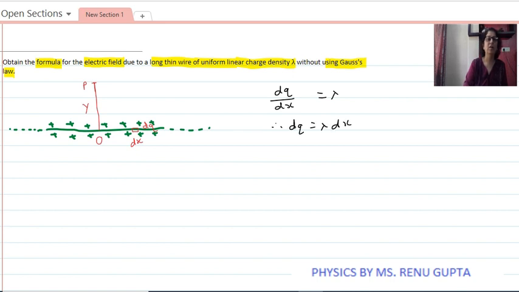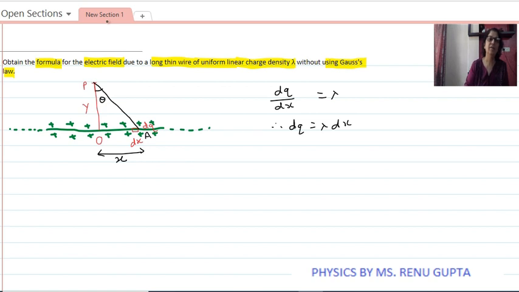Now from this charge we join the point P, and say the distance from O to this point, I consider that A point, O to point A is equals to x, and say this angle is theta.